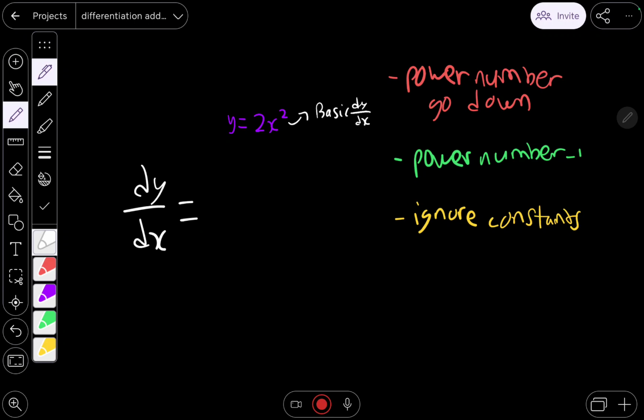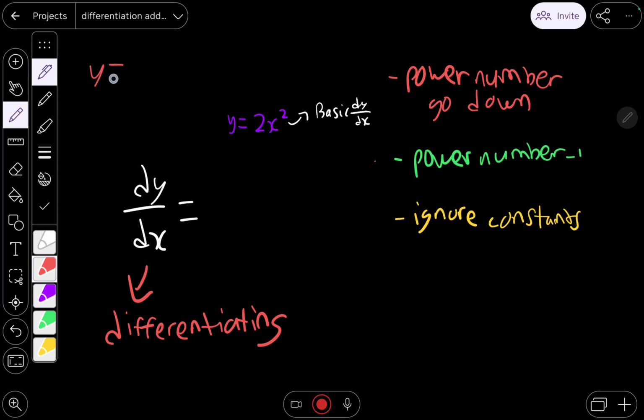I already elaborated on when do we write dy over dx, but I will elaborate it again here in this video. We only write dy over dx when we are differentiating, not when we are changing the form. Let's say I give you y equals to 3 square root x, and you tell me dy over dx is 3x power half. This is wrong. Why is it wrong?